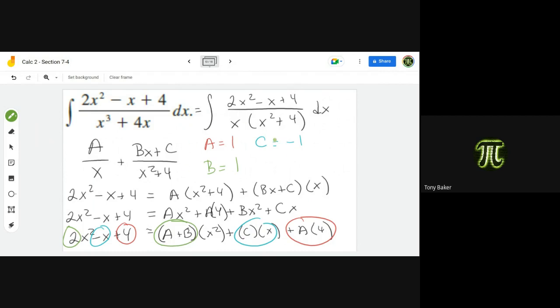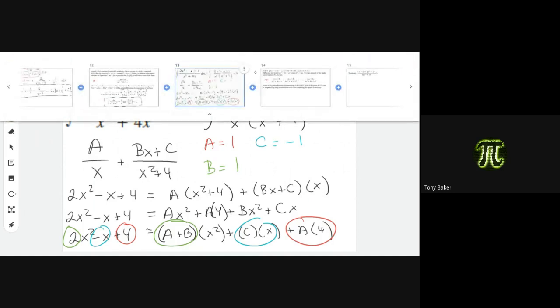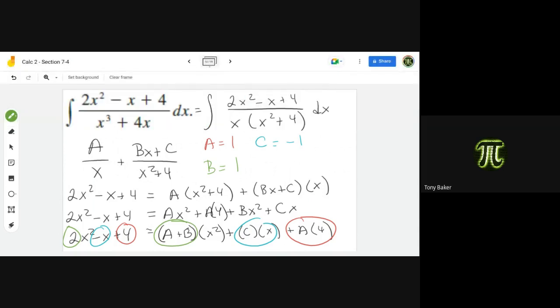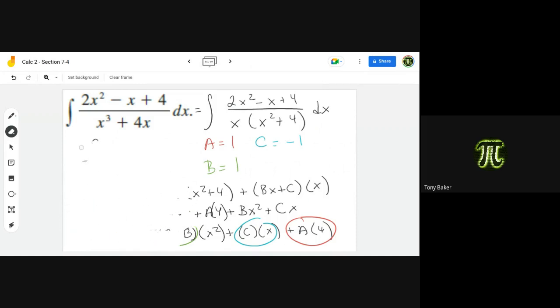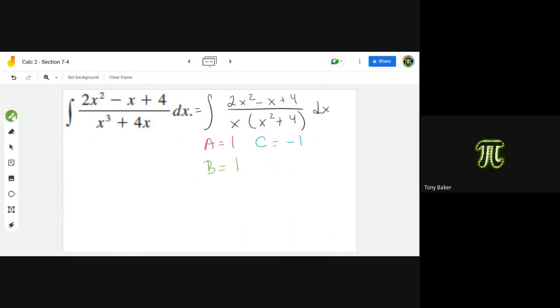All right. So we now have A, B, and C. So we can now write our integral. So the integral, we had 1 over x plus x minus 1 over x squared plus 4.